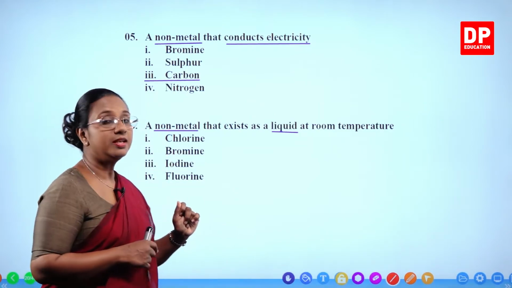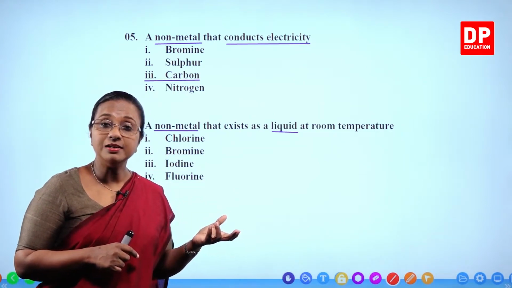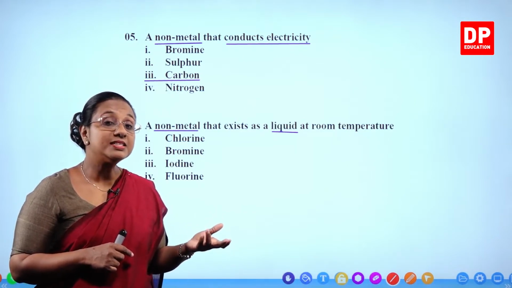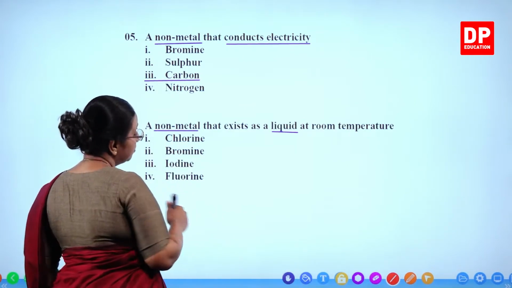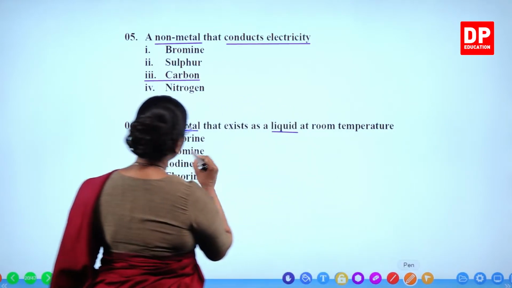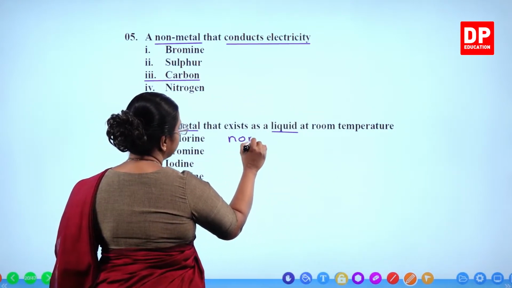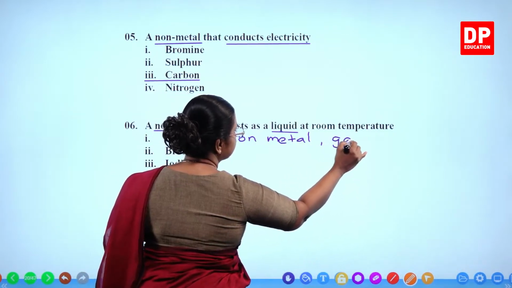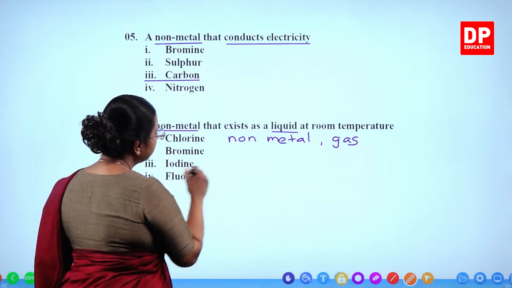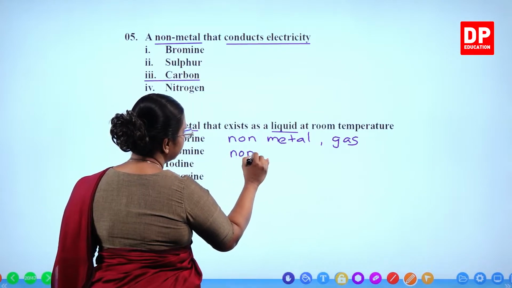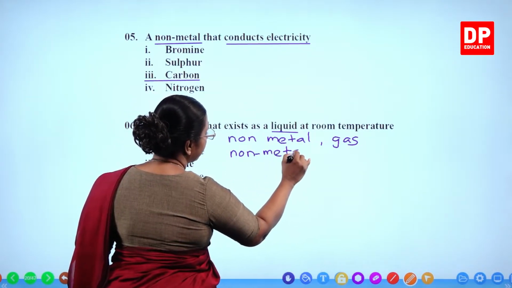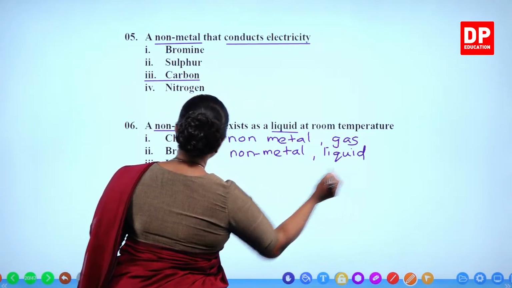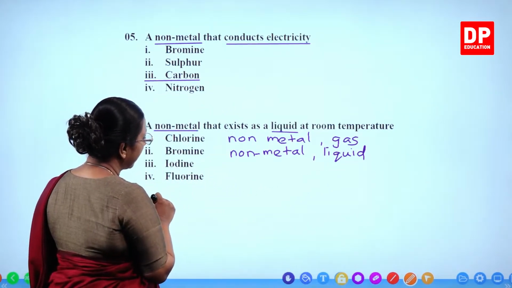First one, chlorine. Is it a metal or a non-metal? Chlorine is a non-metal, but it is a gas. Now bromine, that is also a non-metal, but bromine is a liquid. Then how about iodine?